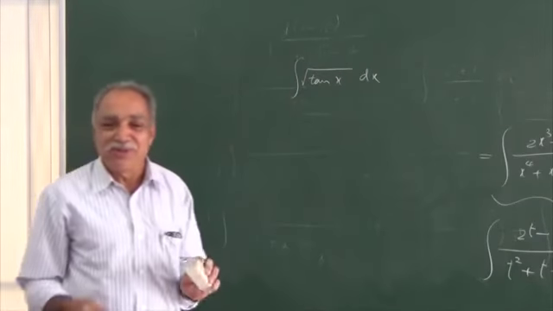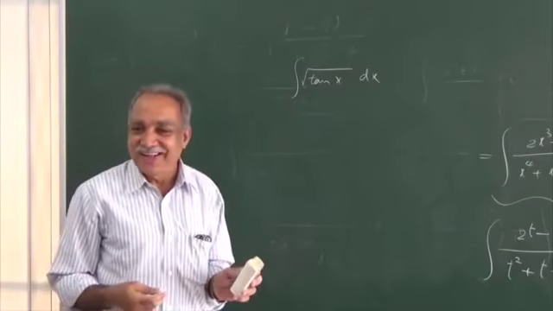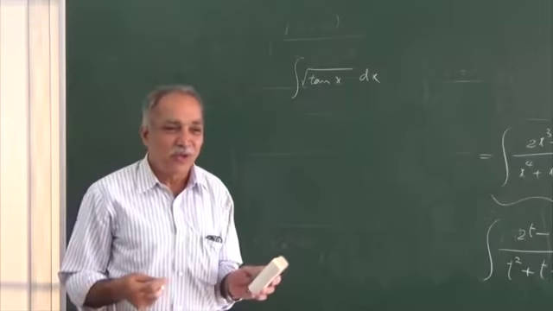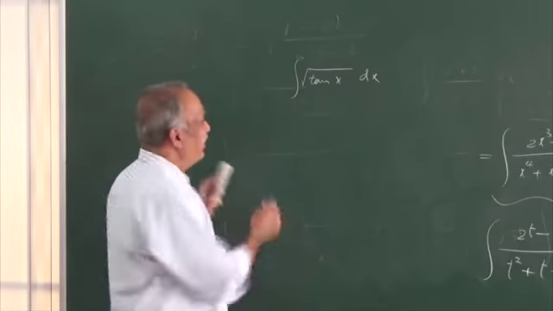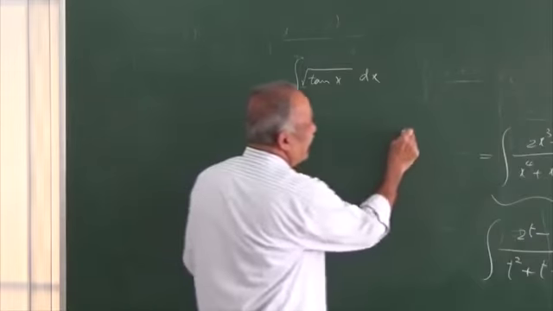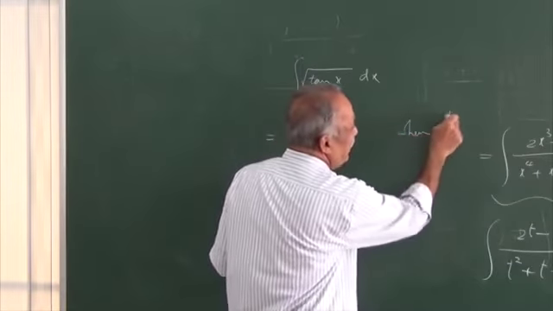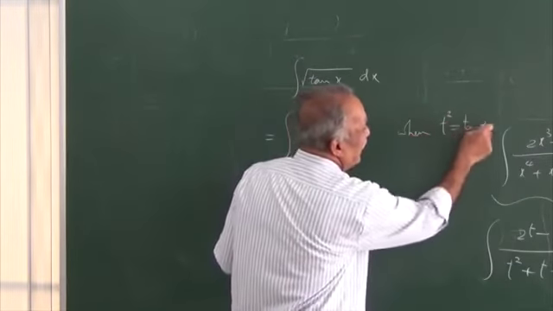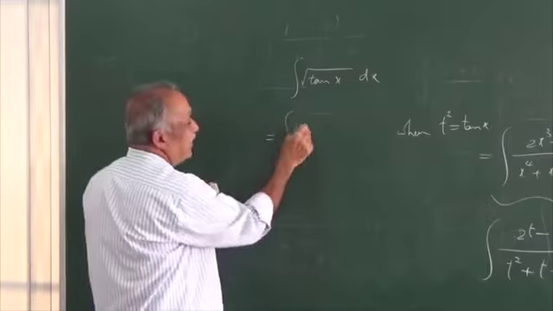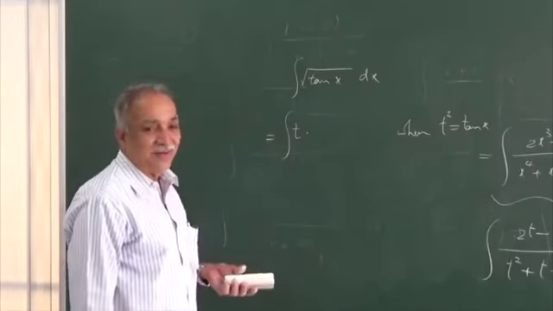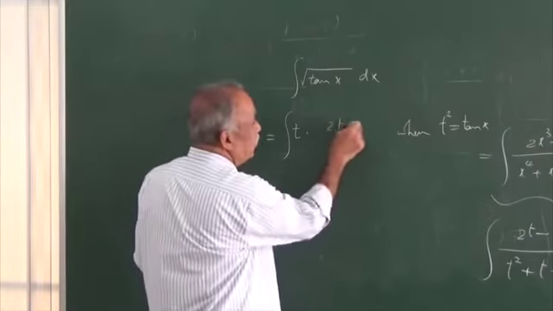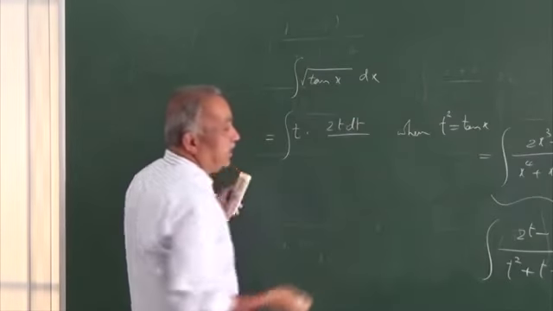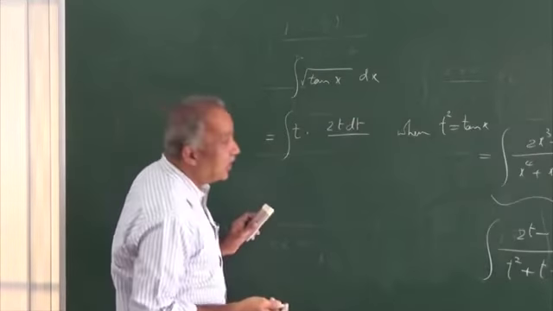Looks like a very simple function. What to do? Tan x equal to t square. Okay. What will be dx? dx will be 2t dt divided by secant square x.